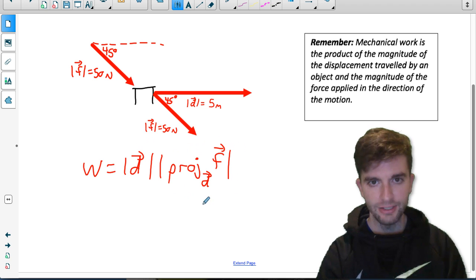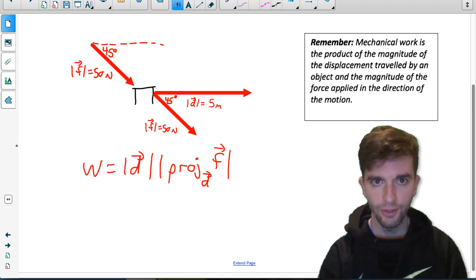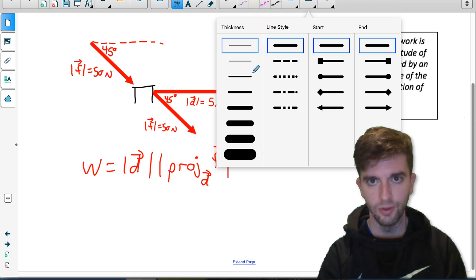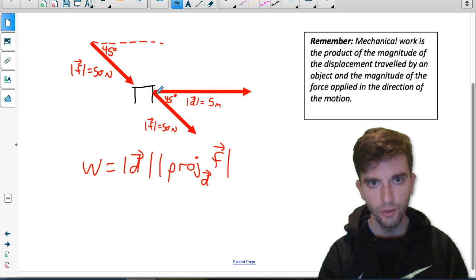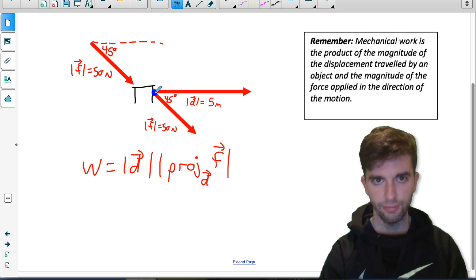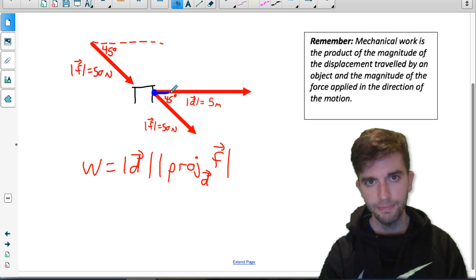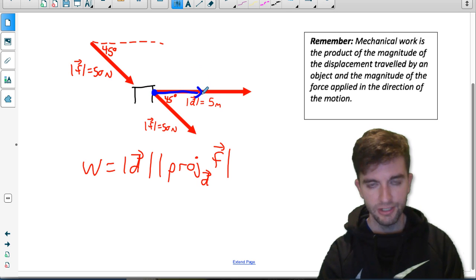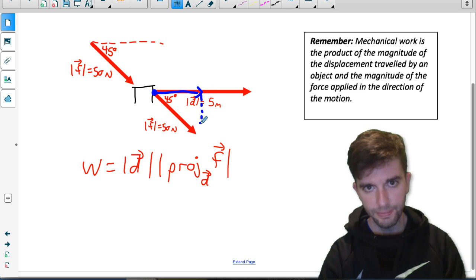And if we want the magnitude of this, oh, I should also draw that for you. Let me draw what that projection vector would look like. There are a few properties. Its tail is going to be at the same place as the tails of the force and the displacement vector. And the tip is going to go to a point so that if I were to connect the tip of this vector to the tip of that vector, it would form a 90-degree angle with the projection vector.